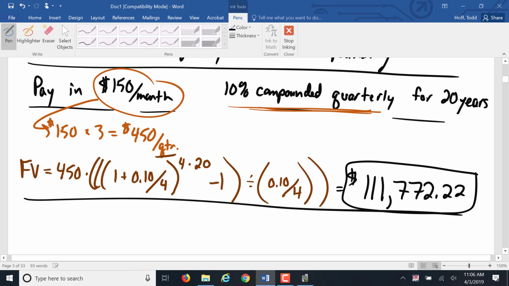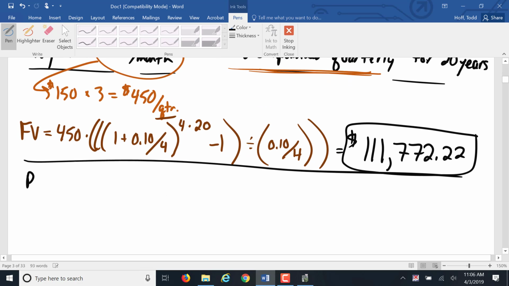Well, let's look at the related problem to that. Rather than paying in monthly and the interest being compounded quarterly, we're going to pay in quarterly. We're going to make it an equivalent problem, so it's going to be $450 per quarter. Interest is going to be 10% compounded monthly.